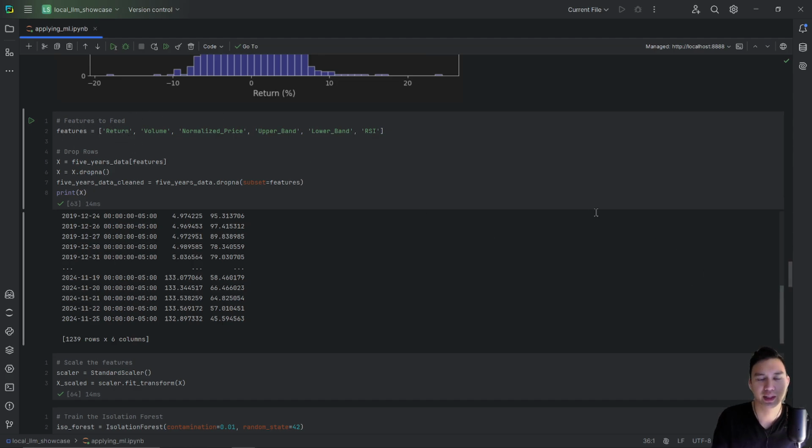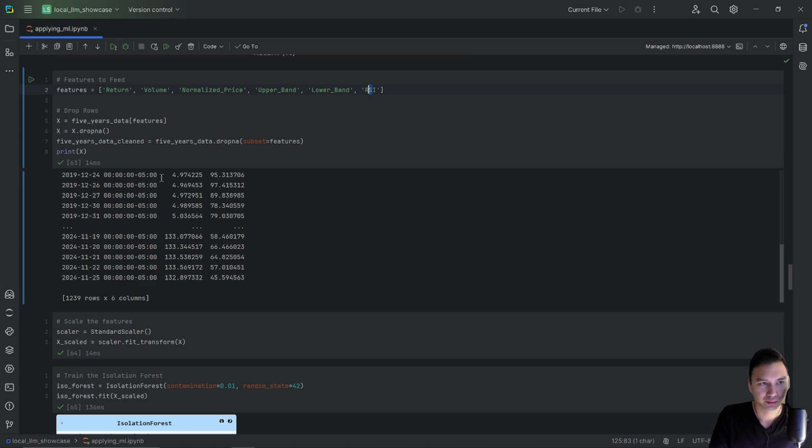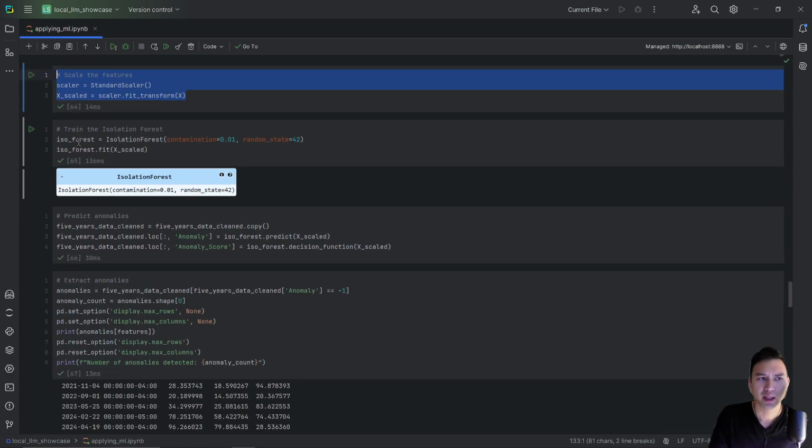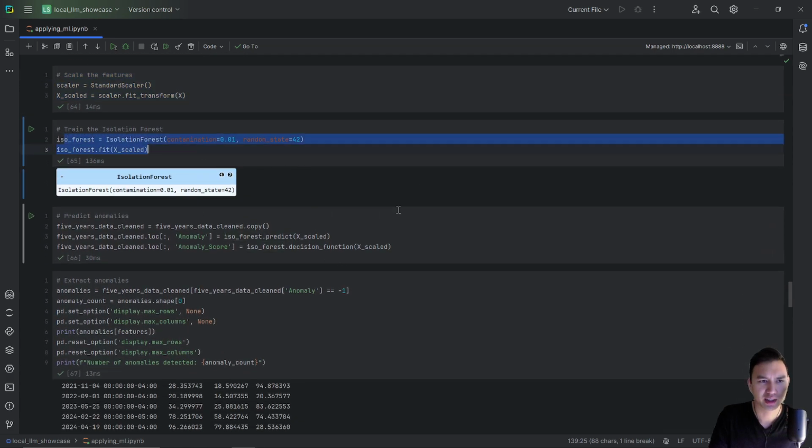So in this specific iteration of the isolation forest, I put in return, volume, normalized price, upper band, lower band, and the RSI. And then this is just cleaning up the data to be fed into the machine learning model, scaling the features, and then training the isolation forest.